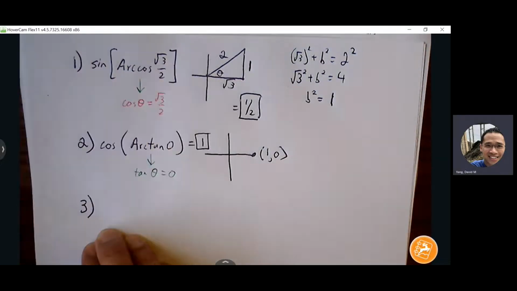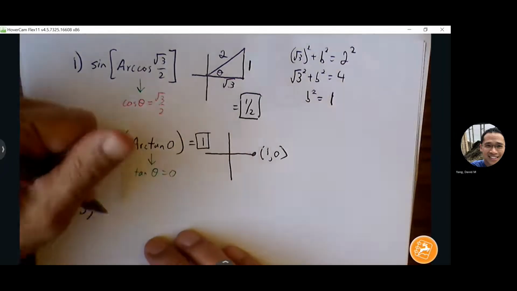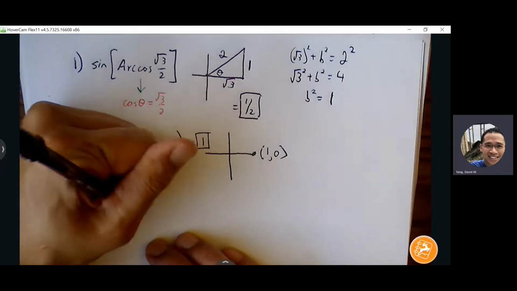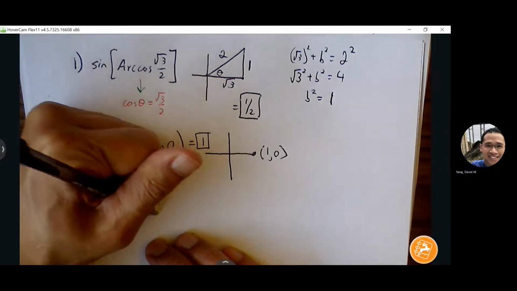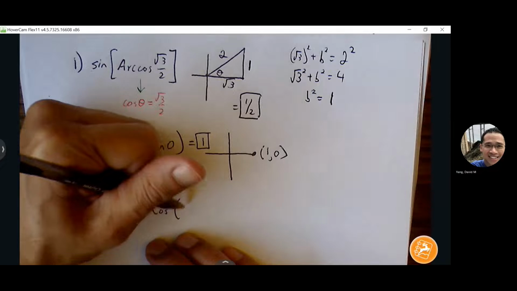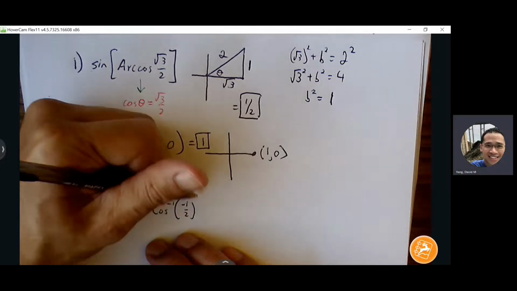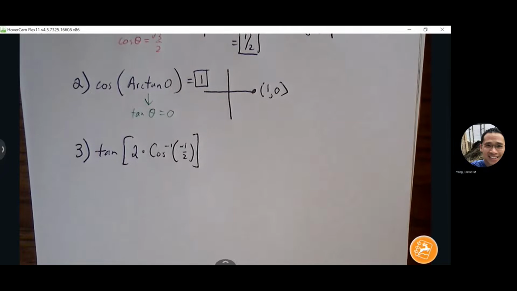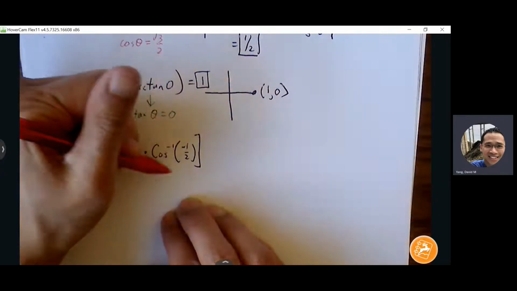Okay, let's try 3. Looks a little messy here. This is tangent of 2 times inverse cosine of negative 1/2. Okay, let's just focus on this portion here.